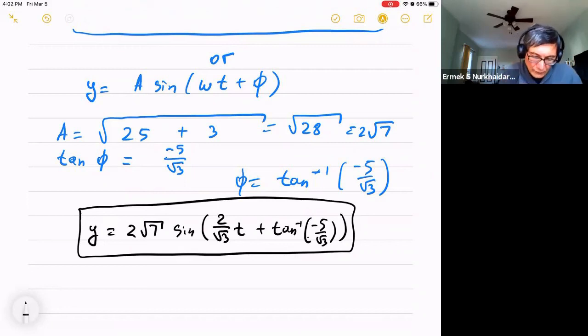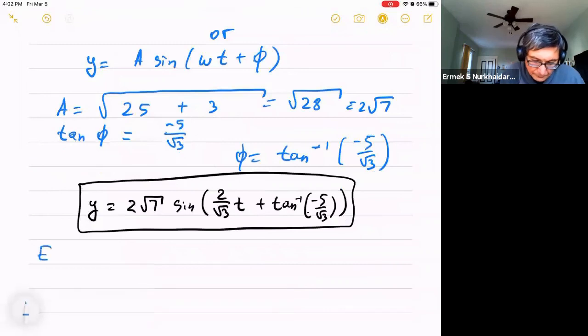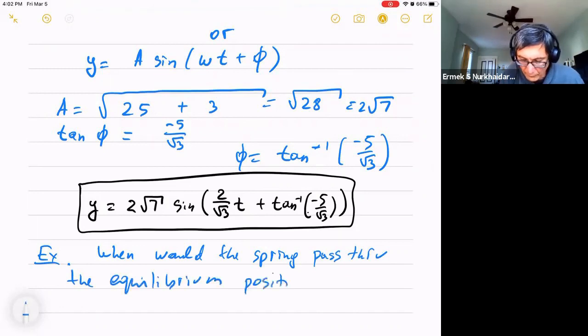Okay. And now if we continue the example, say we have a question: when does the spring pass through the equilibrium position the first time?